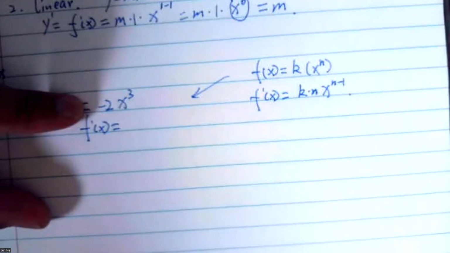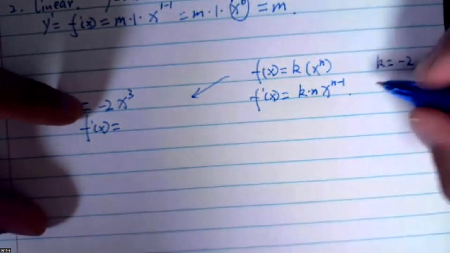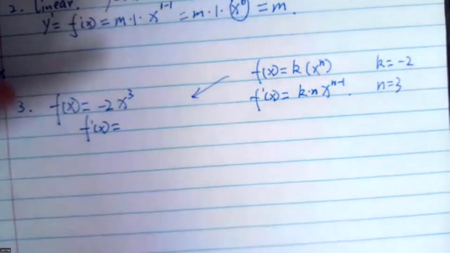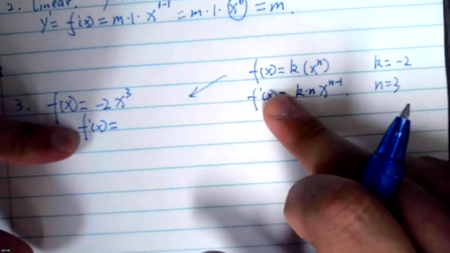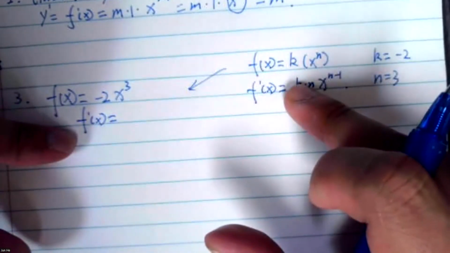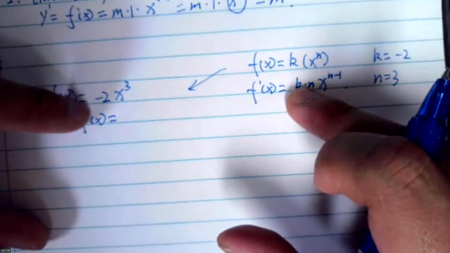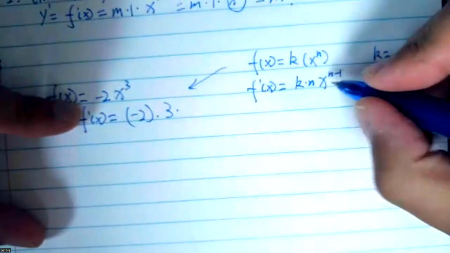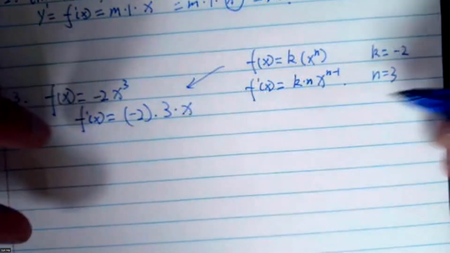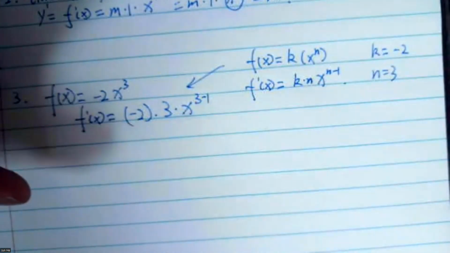Here, what you need to figure out is what is k in this case? The k is minus 2. What is n in this case? n is 3, right? Then as we are deriving this derivative, we just copy down and plug in those numbers, right? It's the same k, so minus 2 by n, 3, by x to the power of n minus 1, which is 3 minus 1.